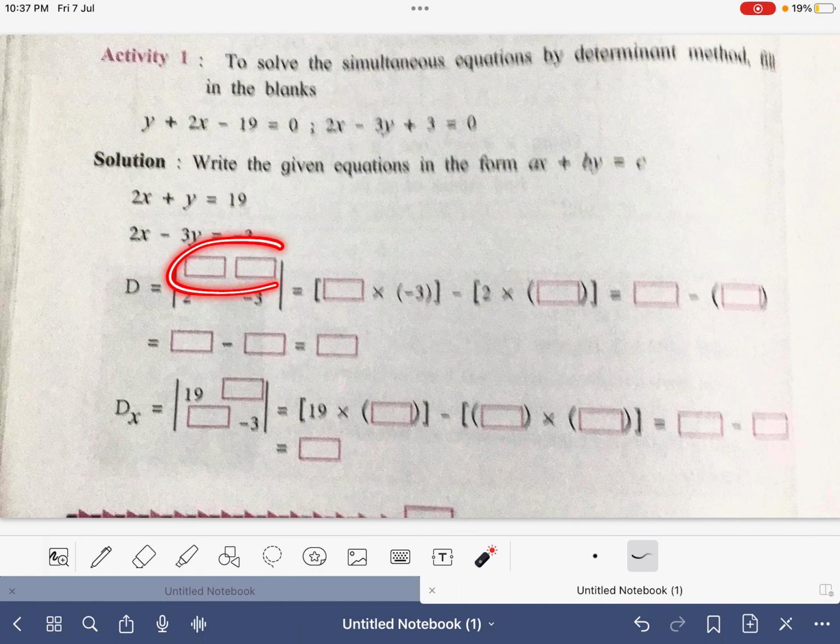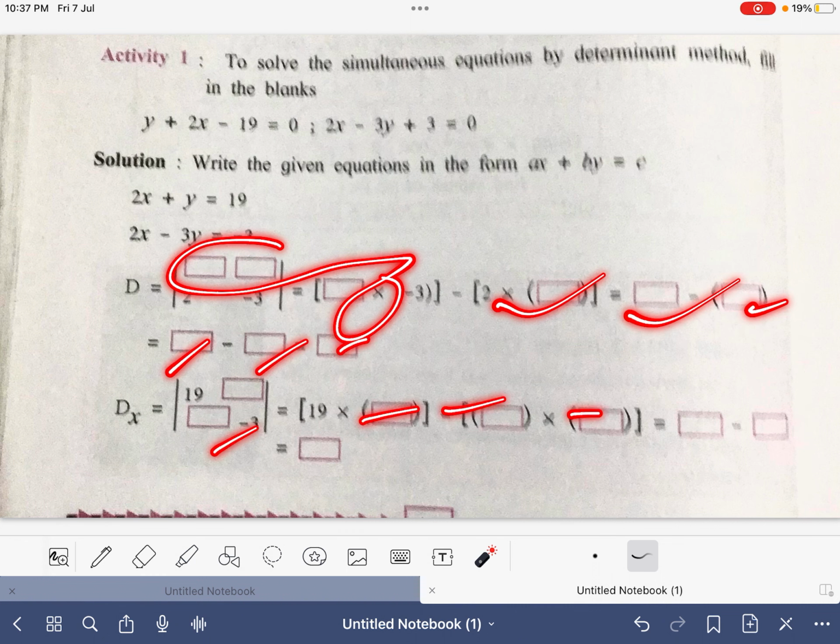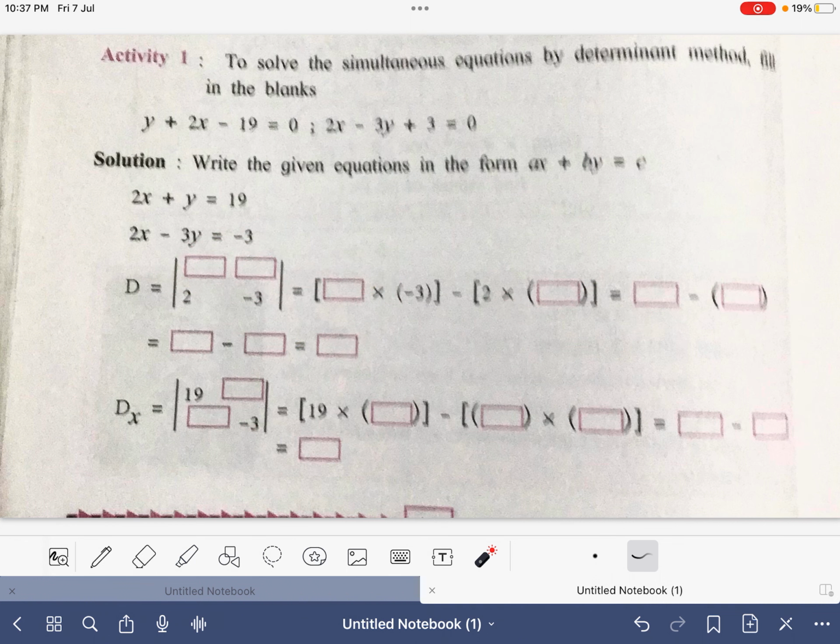Whatever empty spaces are there, we have to put the values in those empty spaces. Clear? Chalo. So first write down: the first equation is y plus 2x minus 19 is equal to 0 and 2x minus 3y plus 3 is equal to 0.